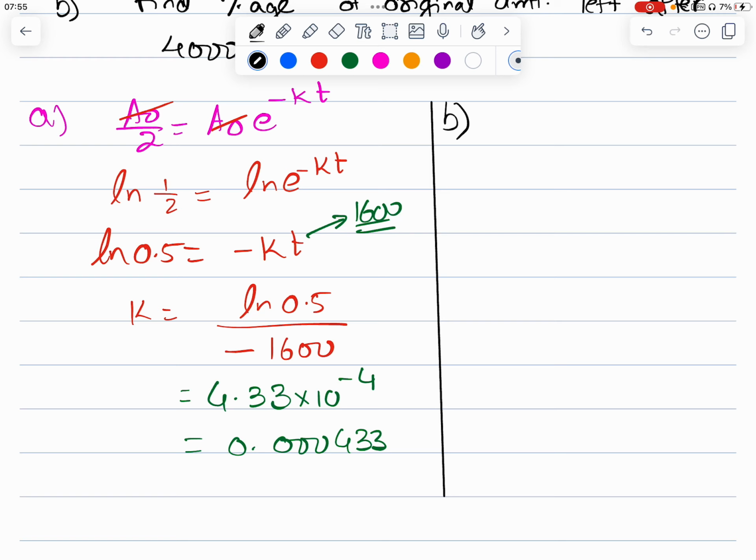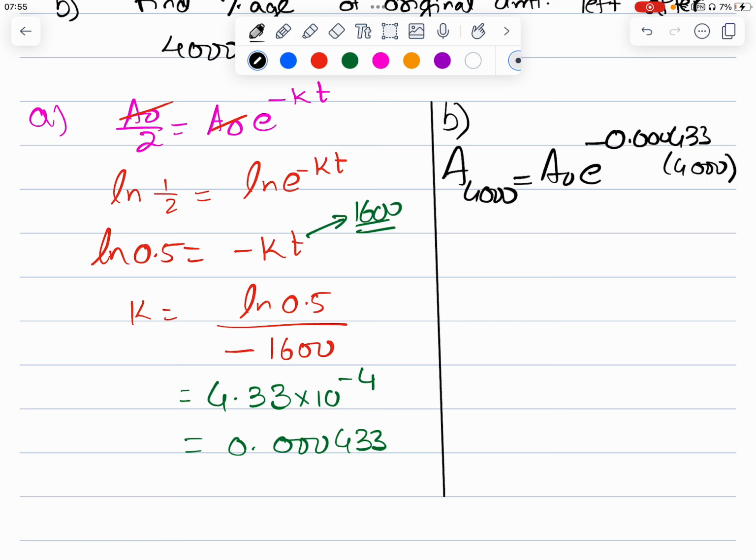We know that the half-life is 1600 years. We have to find the amount left after 4000 years. So A(4000) equals A naught e power minus 0.000433 times 4000.